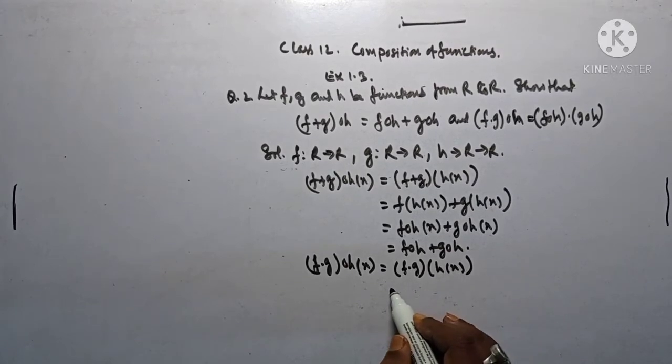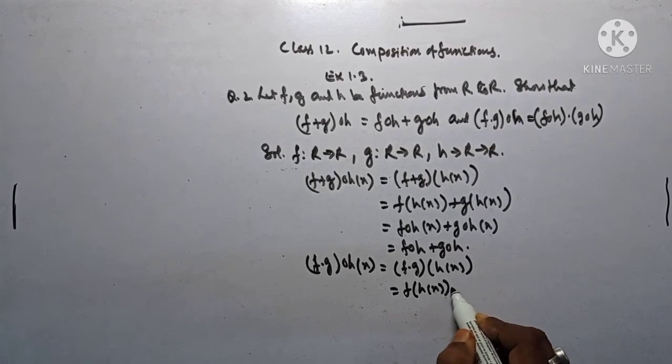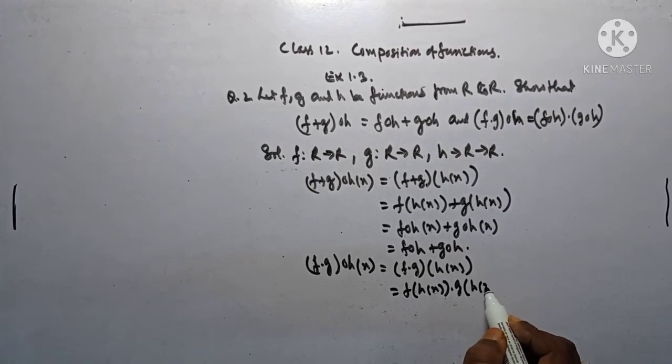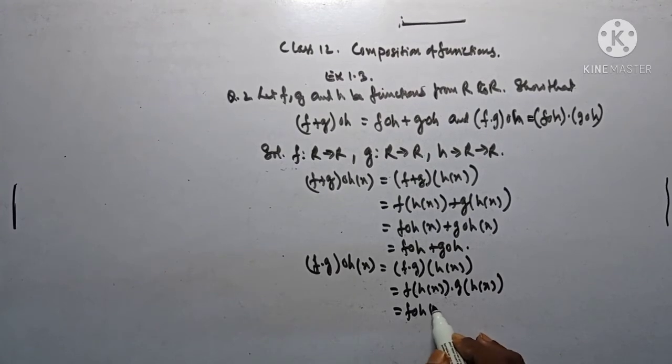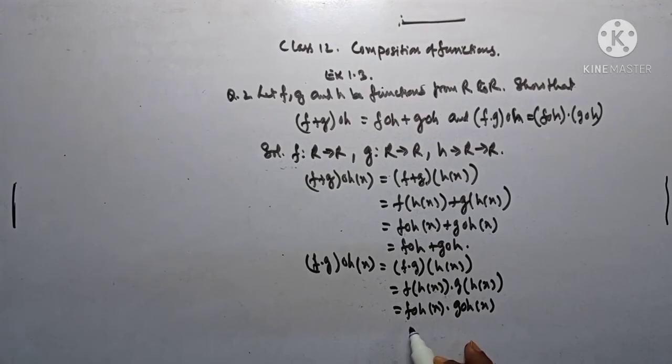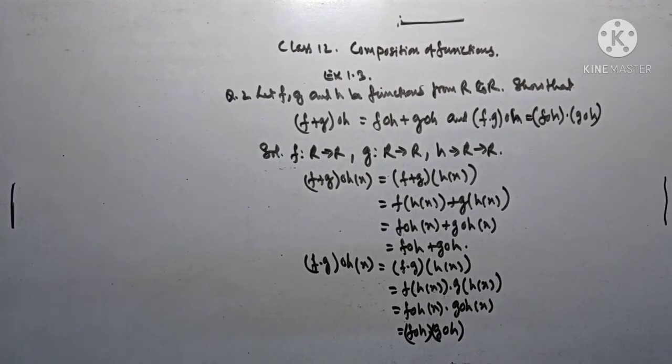So this will be (f · g)(h(x)), which is f(h(x)) · g(h(x)), and we can write this as (f o h) · (g o h). So this is what we have to prove.